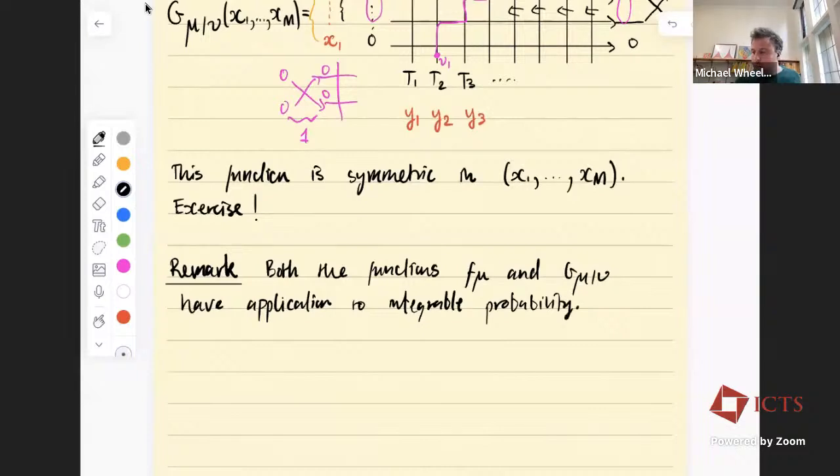And the reason for that is that they satisfy the following properties.